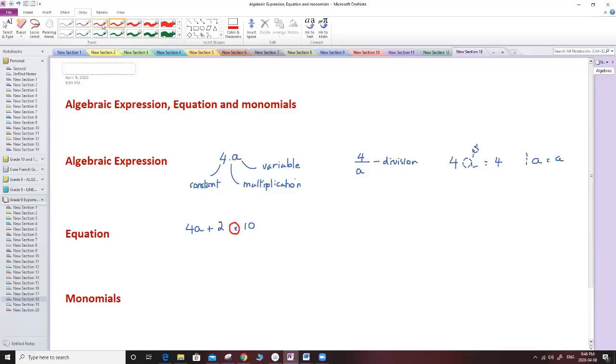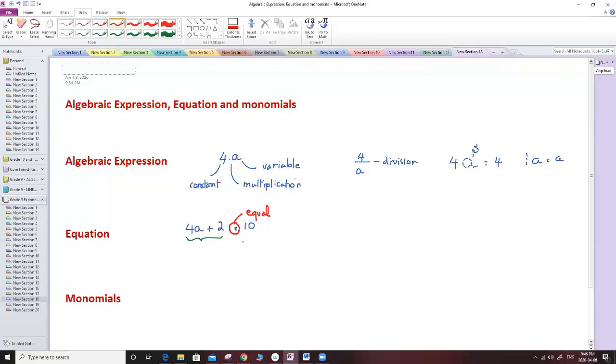So from the left side, there is a mix between variable and constant and another constant and operation as a plus. And in the right side, there is another algebraic expression, but between them there is an equal sign, and this equal sign make this line as equation.